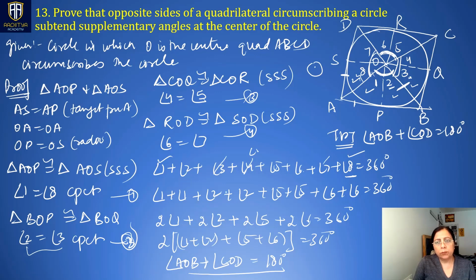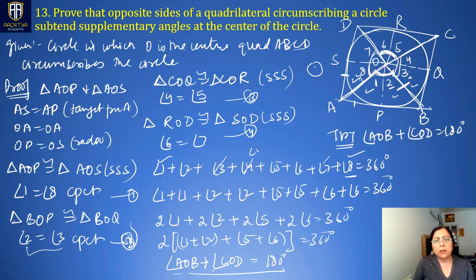You must understand that I have eliminated those parts which were not required. My objective was to get angle AOB along with angle COD. So 1, 2, 5 and 6 give us those two angles. I have written those equal parts, 3 replaced by 2, 4 replaced by 5, 7 replaced by 6 and 8 replaced by 1. So they become twice these respective angles.